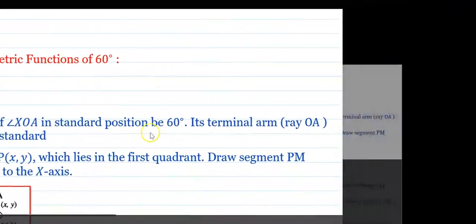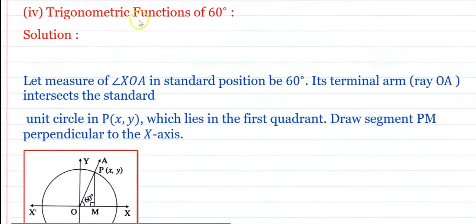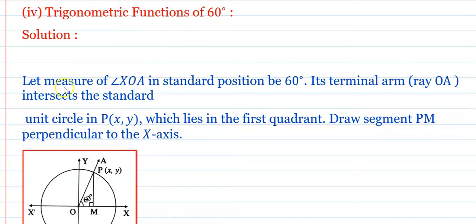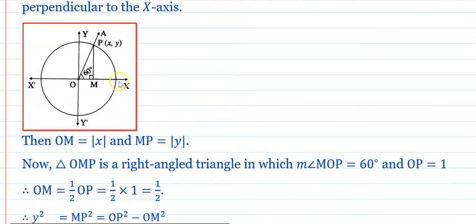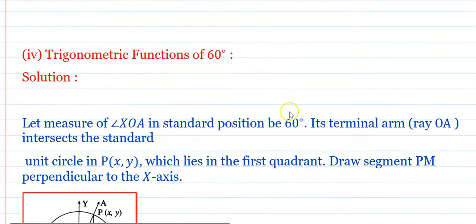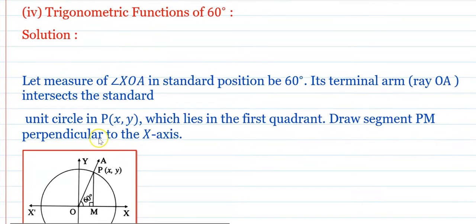Now the next, trigonometric functions of 60 degree. Let the measure of angle XOA in standard position be 60. Its terminal arm ray OA intersects the standard unit circle in P(x, y), which lies in the first quadrant.